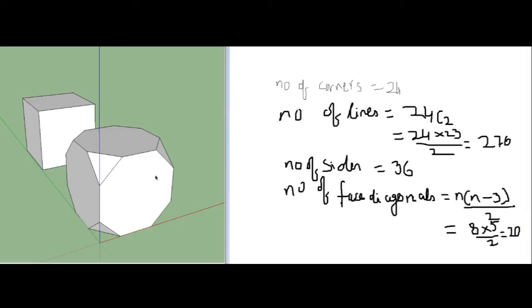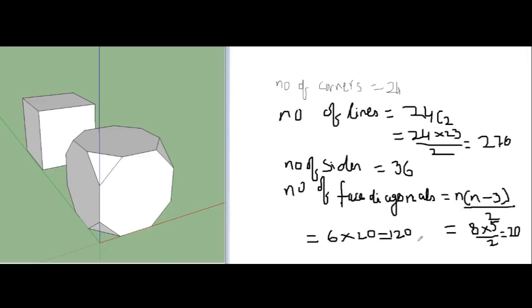So you have 20 diagonals for each face. And how many faces are there? Sorry, you have 6 faces. So the total number of face diagonals is 6 into 20, which is 120. These 120 lines also come in the 276 lines.